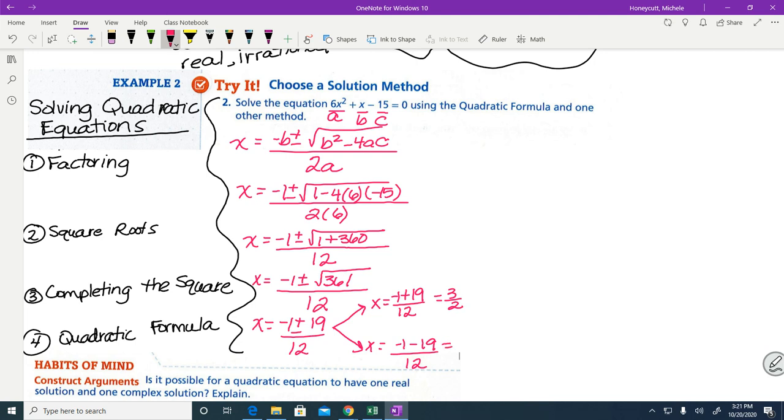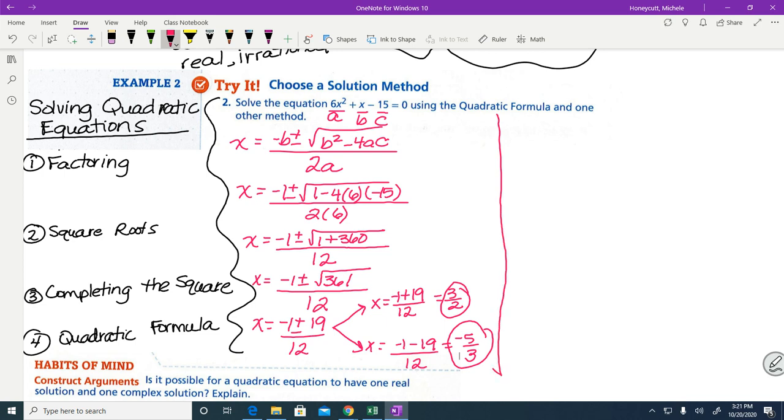And then the other one, negative 1 minus 19, is negative 20. Negative 20 divided by 12 is negative 5/3. So I get 3/2 and negative 5/3.